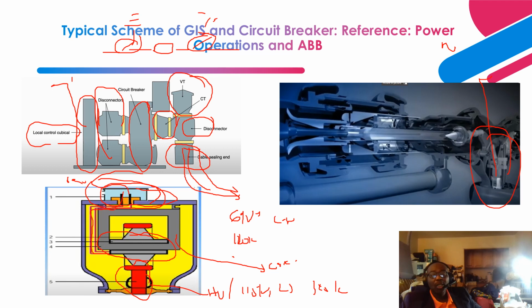For the breaker, we have a movable part and a stationary part, and we have an arcing contact. The arcing contact is there to take the arcing that results from the parting of the contacts, to take the arc out of the breaker.